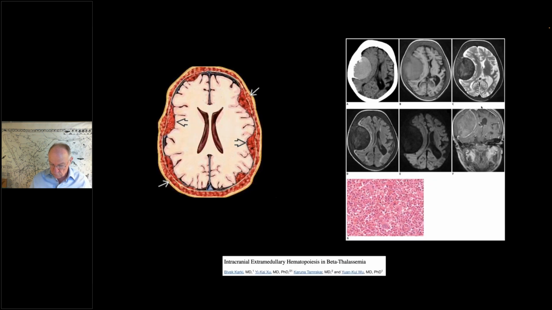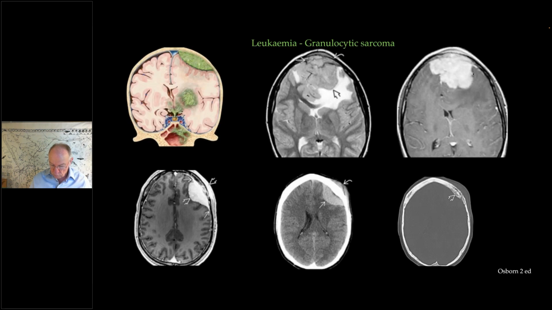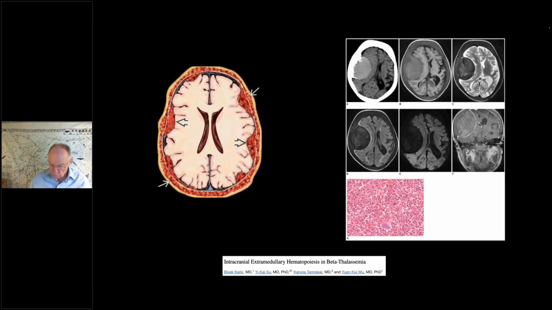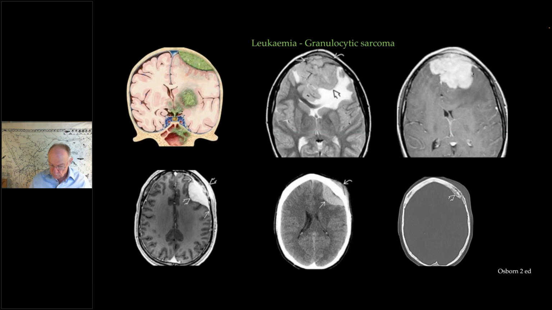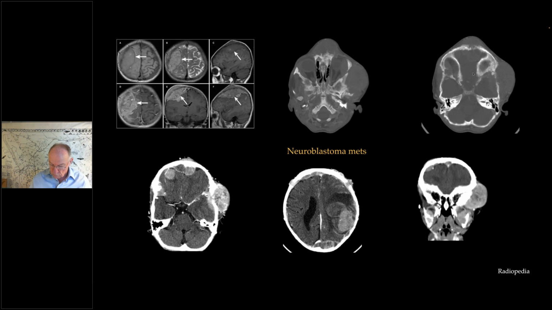And lastly, extramedullary hematopoiesis. But in extramedullary hematopoiesis, the T2 lesions are usually hypointense, whereas in our case there was slight hyperintensity, and they're not as aggressive as seen in our patient. So we'll probably put extramedullary last, but think of the other differentials. At this moment, I'll open the case for further discussion.